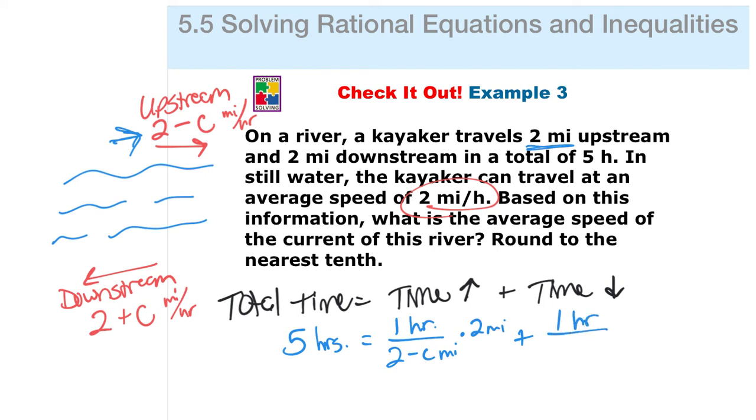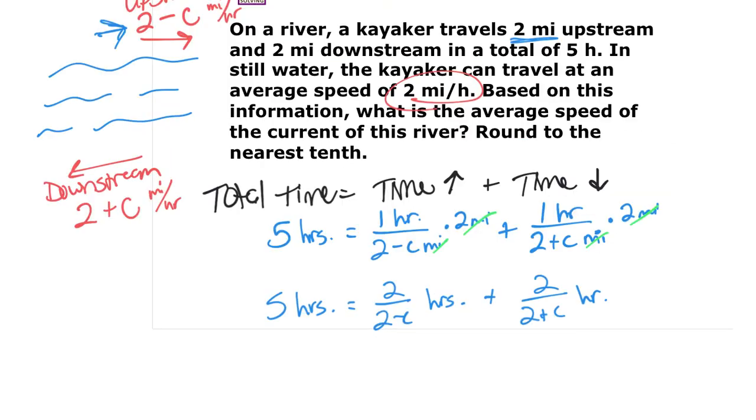So we're just going to flip it, 1 hour over 2 plus c miles times, and she did that for 2 miles. So those then cancel, and we're just left with hours. So simplified here, we have 5 hours equals 2 over 2 minus c hours plus 2 over 2 plus c hours. Now we can solve this like a rational equation.